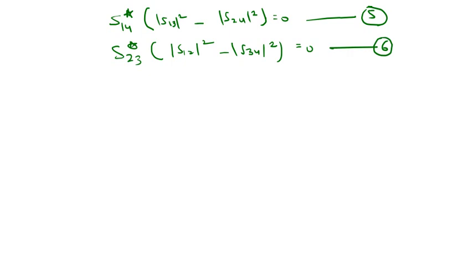Okay, so in order to satisfy these two equations, S14 and S23 should be equal to 0. Okay, so this results in a directional coupler.